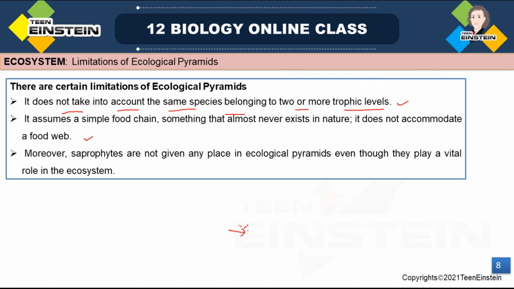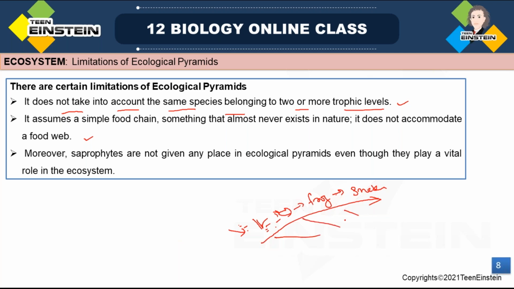From grassland, so many grasses are there. Then grasshopper, then it is moving to frog, then to snake. So like this, it is moving through a food chain. It is not considering a food web. So a simple food chain is considered.